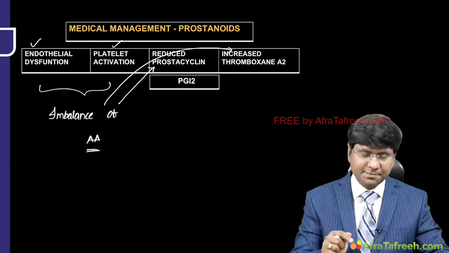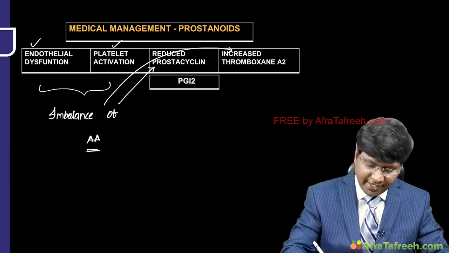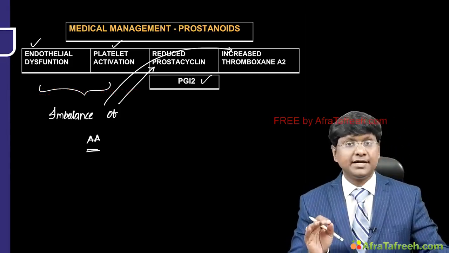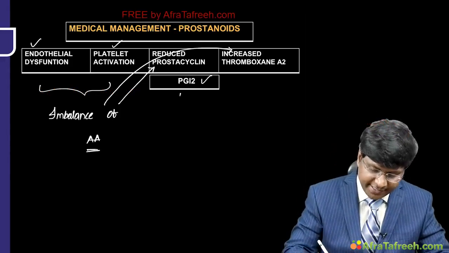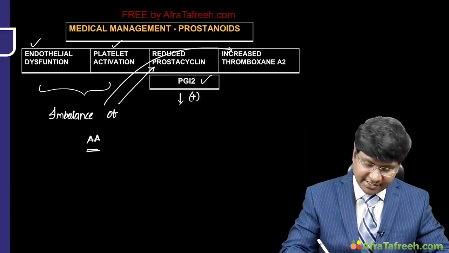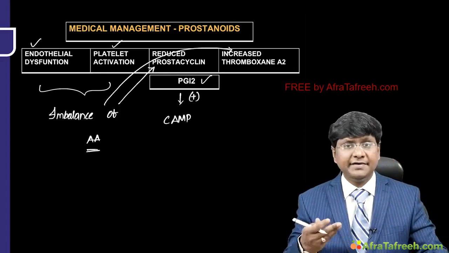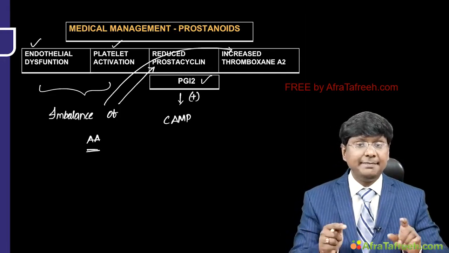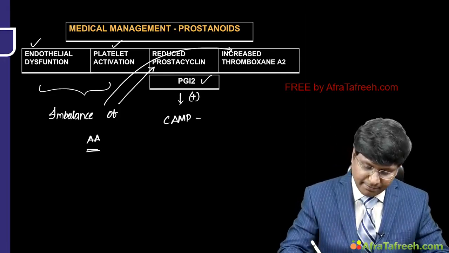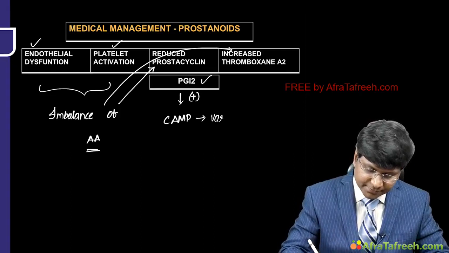Now, among this particular prostacyclin, we have PGI2, that is prostaglandin I2. What does it do? This prostaglandin I2 activates the cyclic AMP. Right? It activates the cyclic AMP dependent pathways that will mediate vasodilatation.